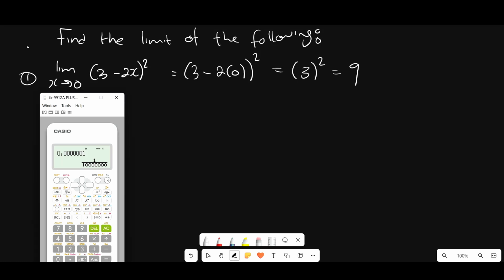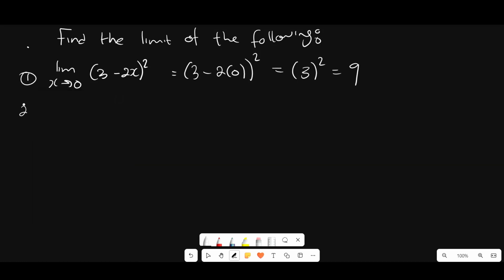I'm going to say equal to 3 minus 2 times the answer, and then that squared. We should get a number that approximates to 9, right? As you can see, we get 8.99999. That value approximates to 9, so meaning as x approaches 0, our function tends to 9, right?